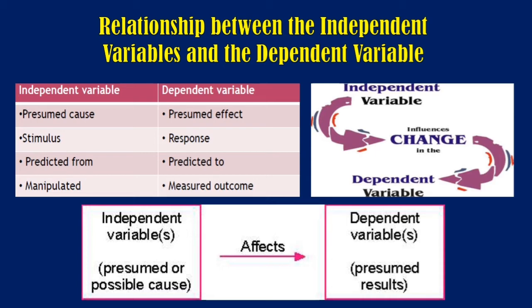Another thing is the IV is the predicted from, and your DV is the predicted to. Last, the independent variable is the variable which is being manipulated by the researcher, while the dependent variable is the one that is measured in the outcome.